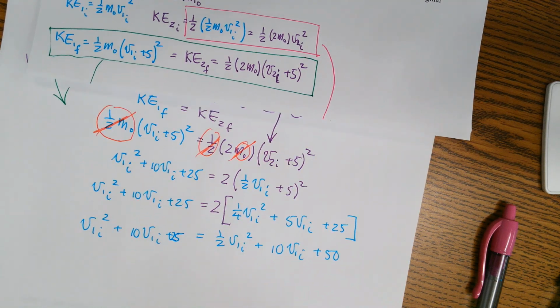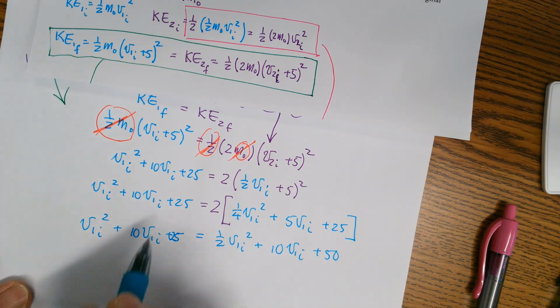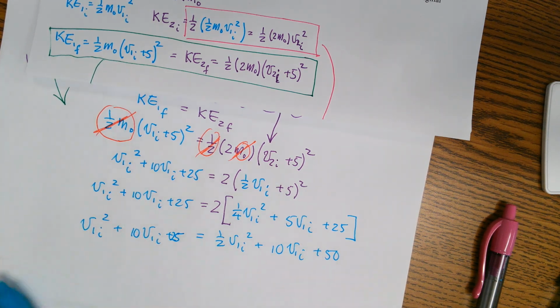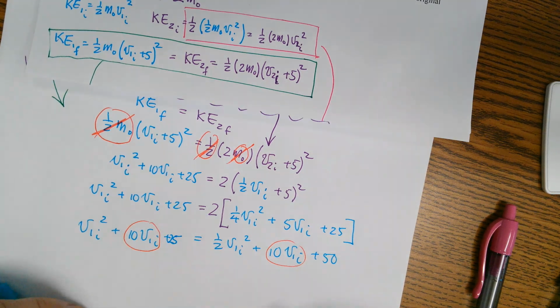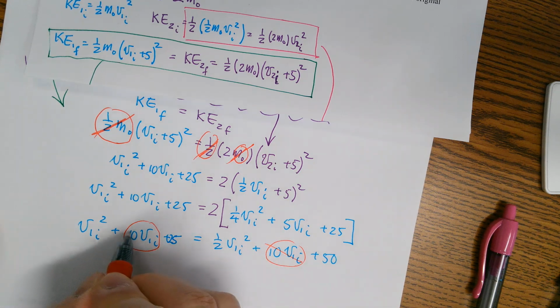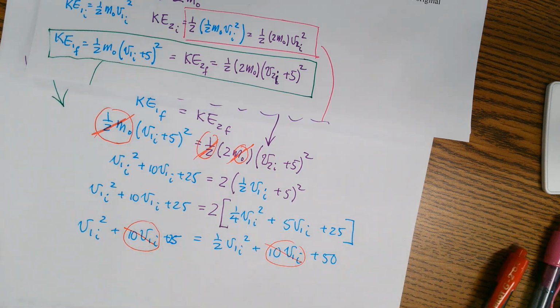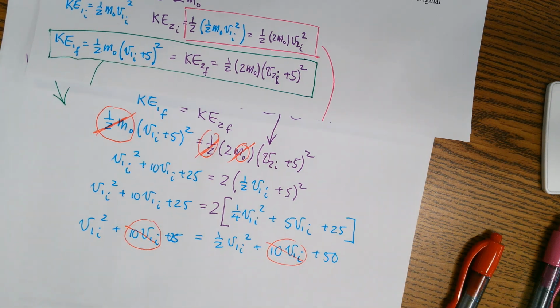Well, you can look at this: the 10 V1 initial here and the 10 V1 initial here, so we can cancel those out. Then let's consolidate.